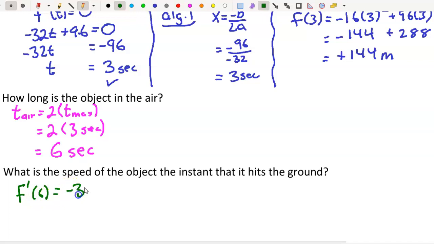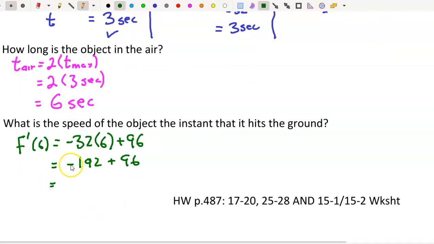So we got negative 32 times 6 plus 96. What, 180 plus 12, 196. No, 192. Yes, plus 96.